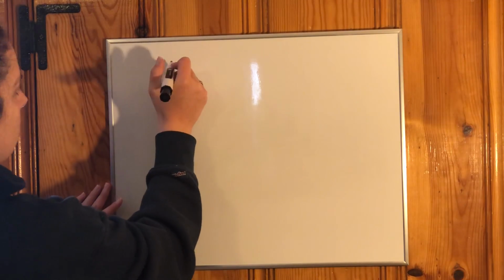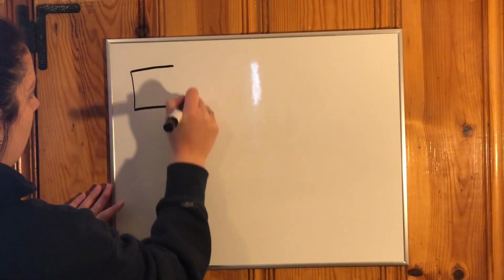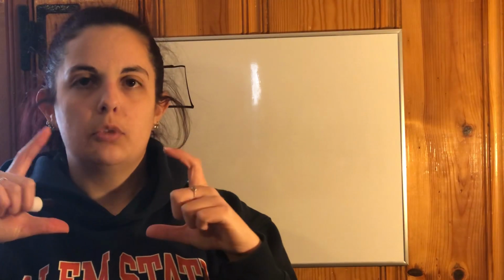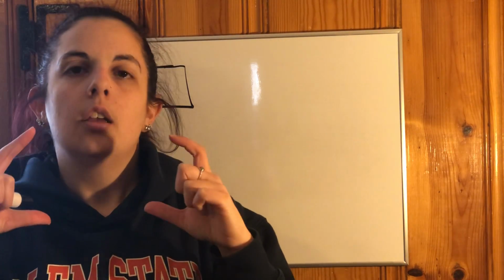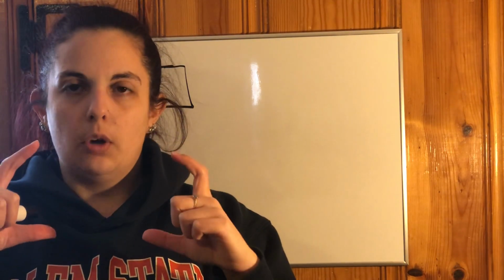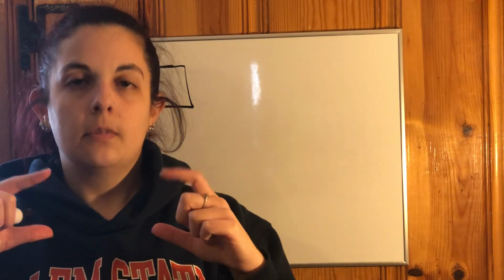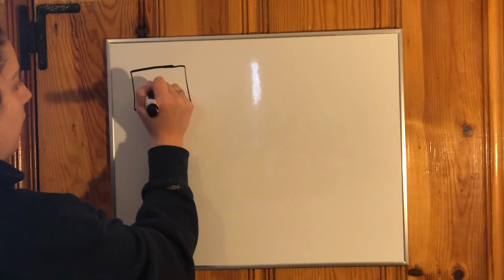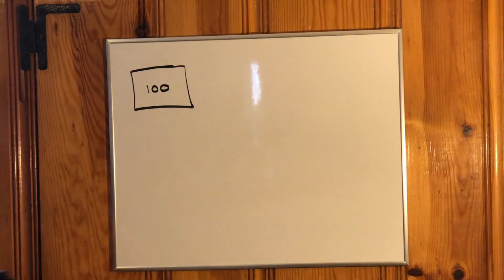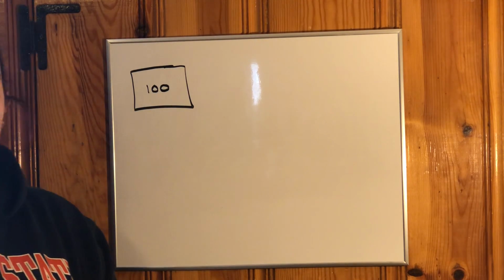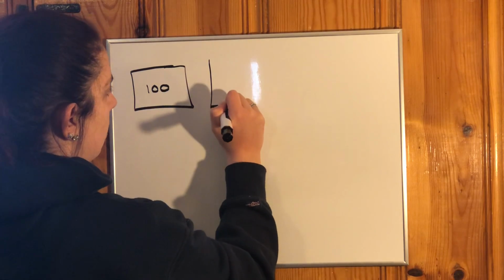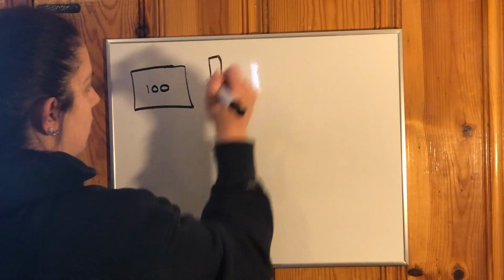So in school, we had these big green squares. Who remembers what the place value of that big green square is? Hundreds, right. So each big square is 100. Now, who remembers what these skinny rectangles are?